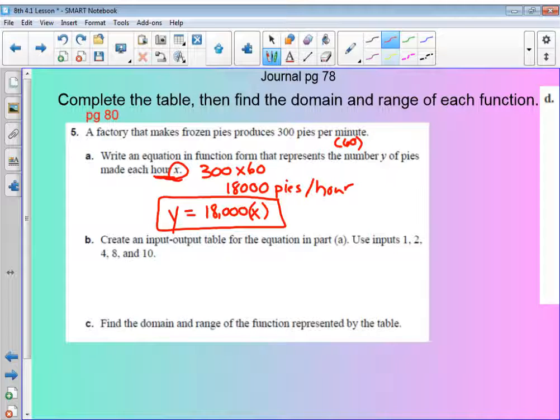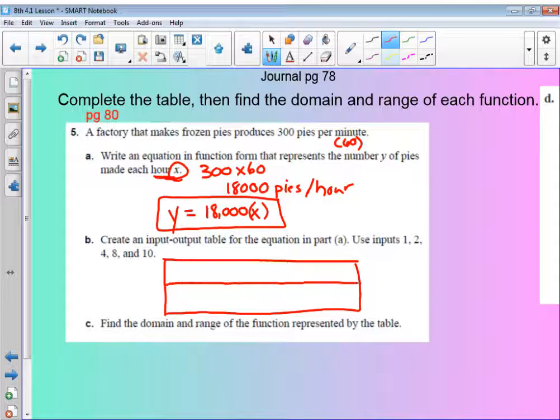So now it says create an input-output table for the equation in part A. Use the inputs 1, 2, 4, 8, and 10. So we're going to go ahead and draw a table really quick. And they want us to use inputs of, so our input, also known as our X versus Y, also known as our domains versus our ranges.